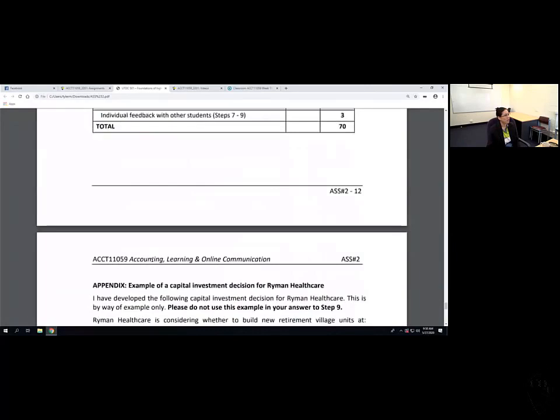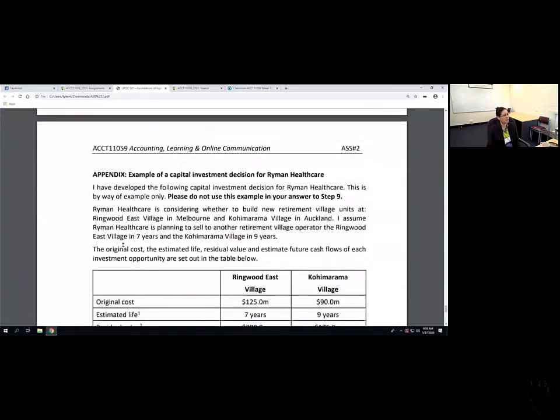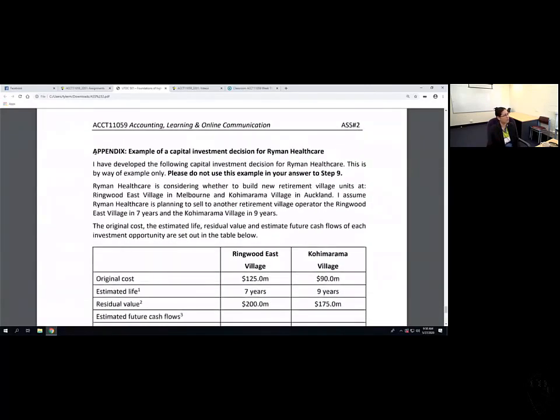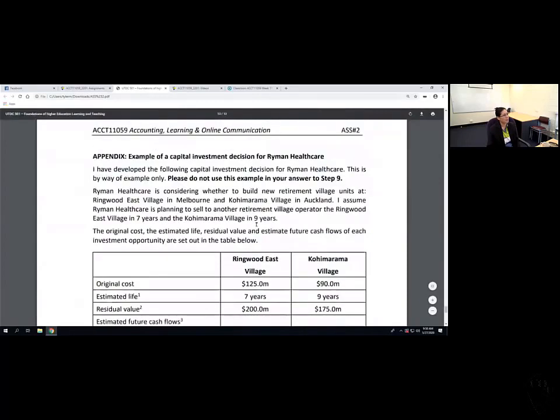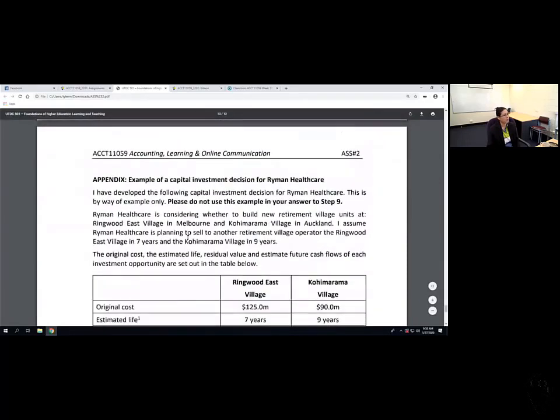Now, Martin also has, I cover all this in the video, so you don't need to worry. This is just repeating what's in the step-by-step video on Moodle. Martin's given you his example of Ryman Healthcare's capital investment scenario as the appendix. Make sure you don't use this as your example. We don't want you to copy what Martin's done. I show you my example in the video.